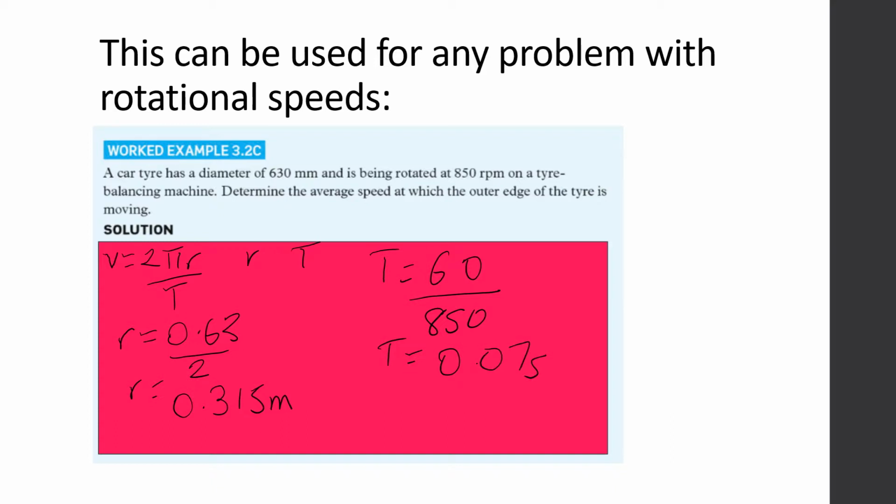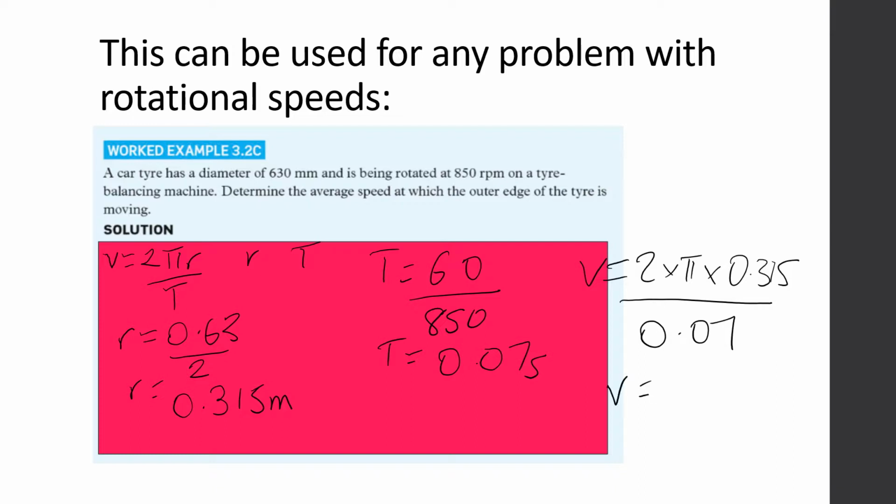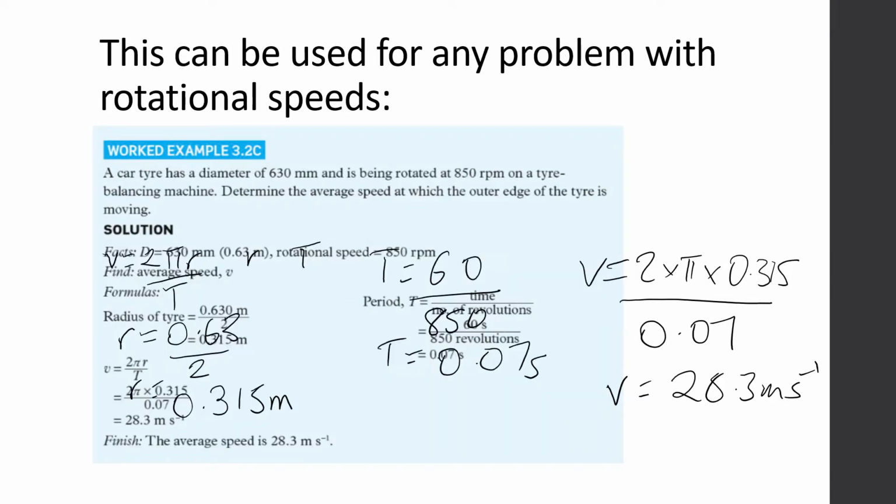Let's plug those into the average speed equation. v equals 2 times pi times 0.315 divided by t, which is 0.07. Plug those into your calculator and you will get a value of 28.3 meters per second. So the average speed would be 28.3 meters per second. You can see that underneath my messy writing there, or in your book on page 100.